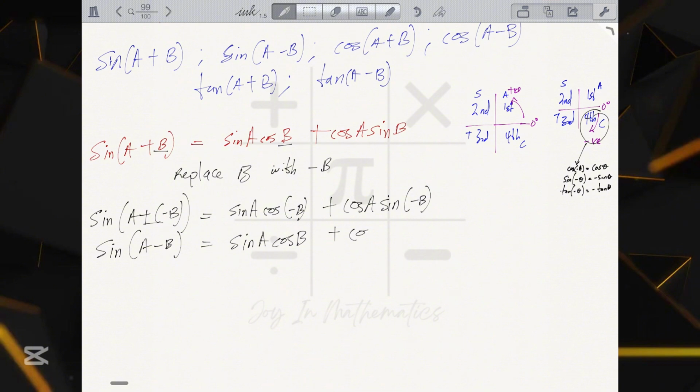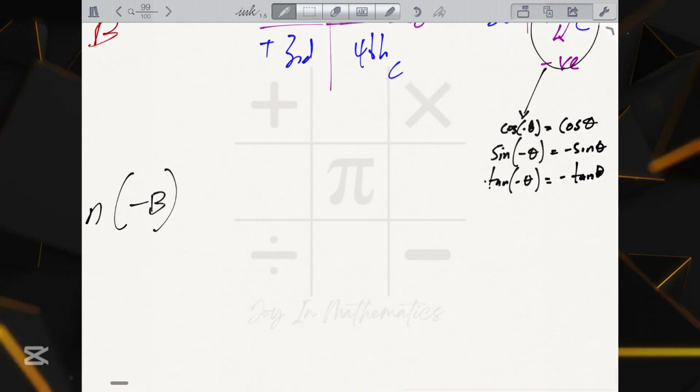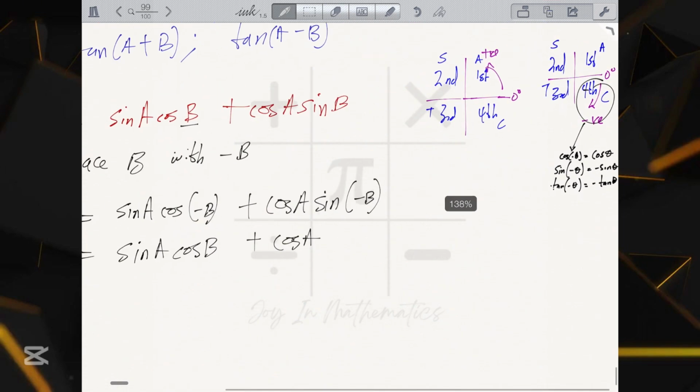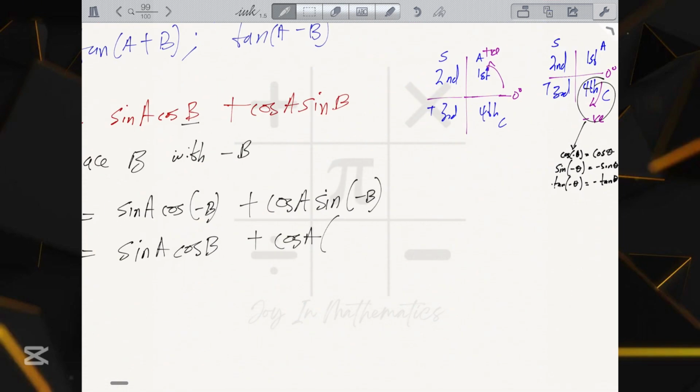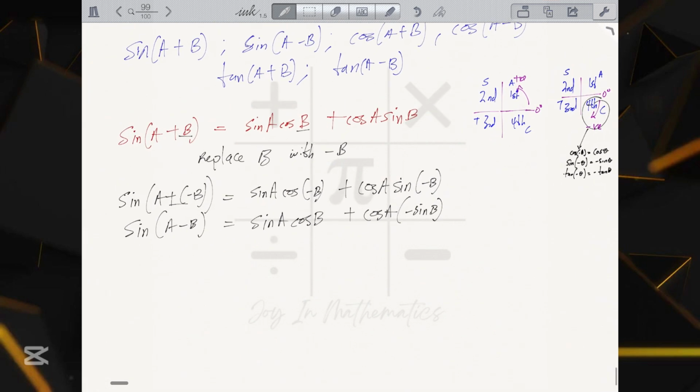Plus cos A, then let's simplify sine minus B. Sine minus B is the same as sine minus theta, and sine minus theta is minus sine theta. Therefore, sine minus B is equivalent to minus sine B. Let's use a red pen now.